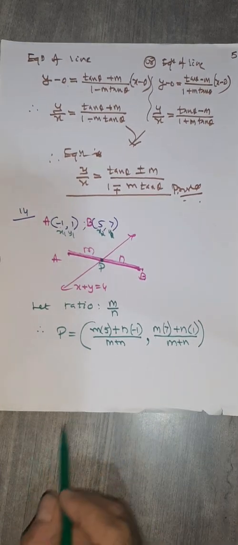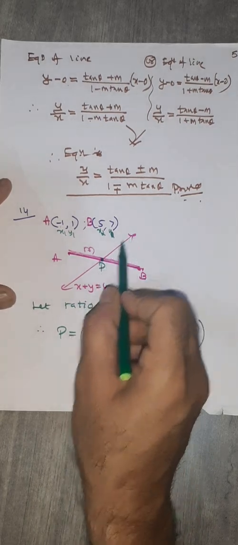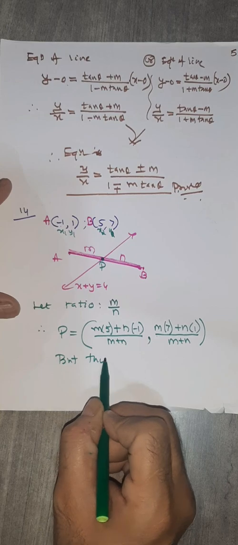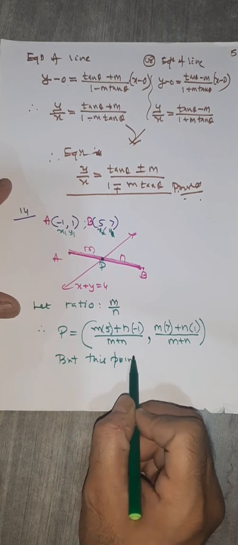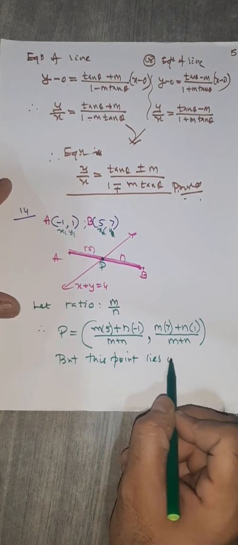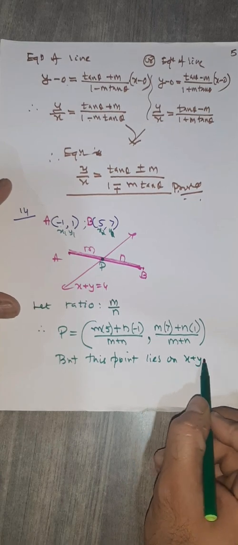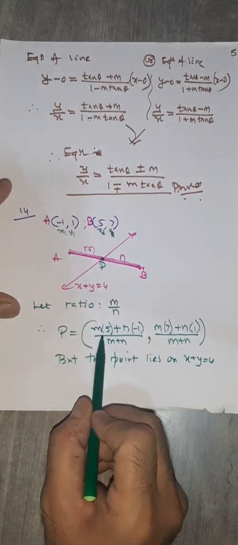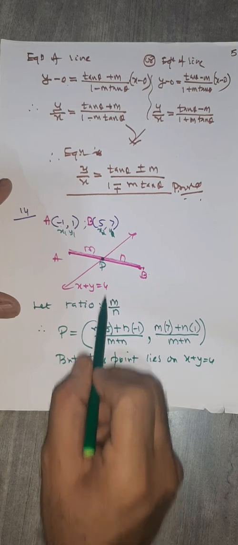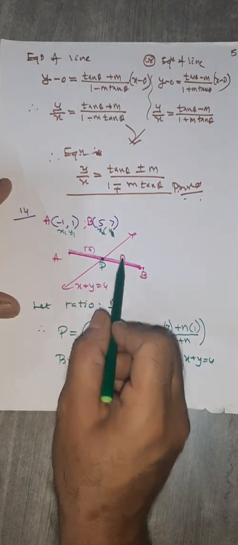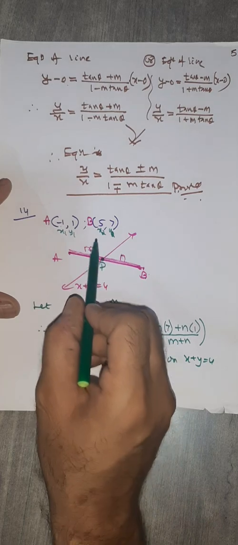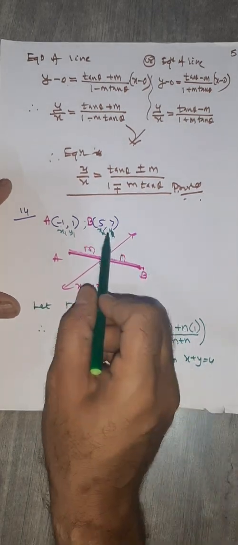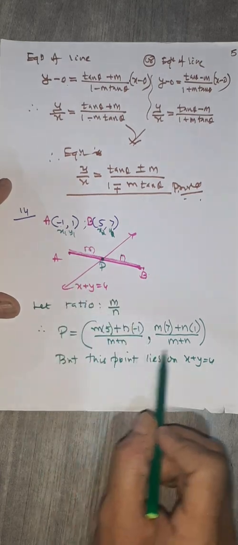Okay, now this point is on this line. Which line? x plus y equals 4. I'm just reminding you, the coordinates are (mx2 + nx1) upon m plus n, and similarly (my2 + ny1) upon m plus n.